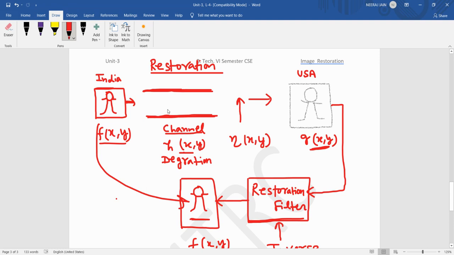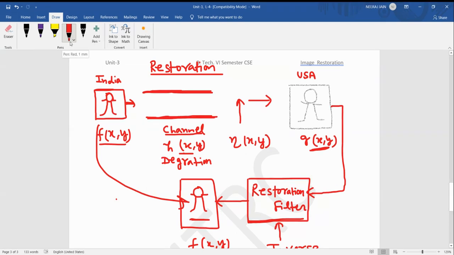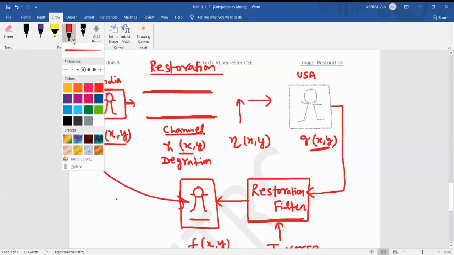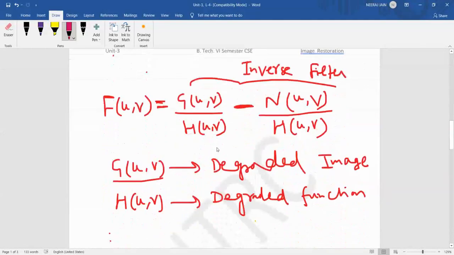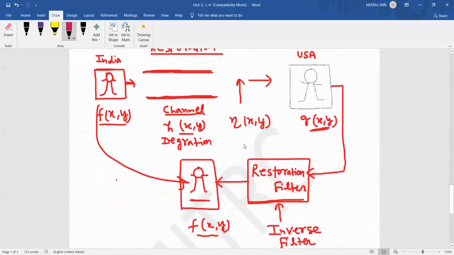Now when this image is transferring, we assume the noise signal is also present, and it is denoted by n(x,y). n(x,y) is the noise present here, and this noise is also mixed in the signal.